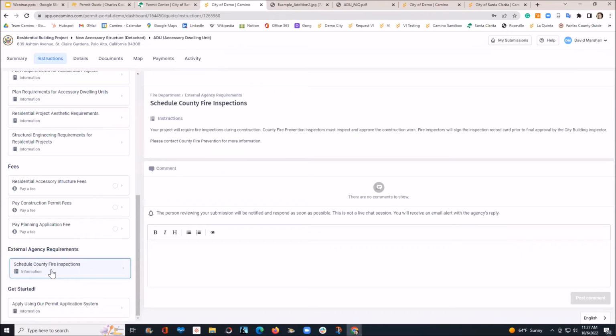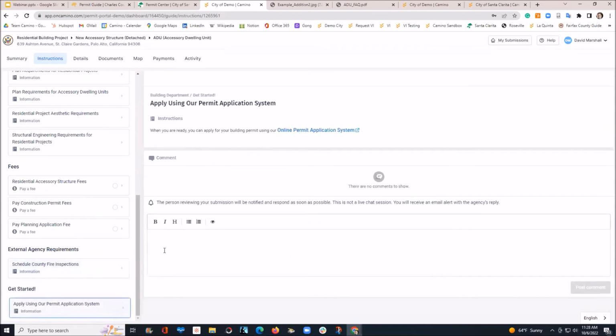But the important thing is outside agencies can also participate and be part of this guide. And we share here how in this example we have, when you're ready, click here and we have a link to your permit system, right? Take them right over. We could also include a link to some training on your permit system to get them trained up, in a nice organized fashion.